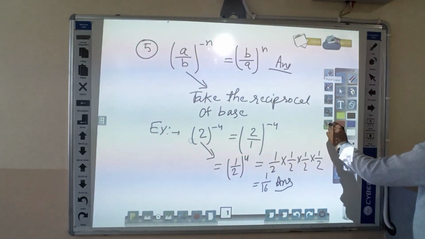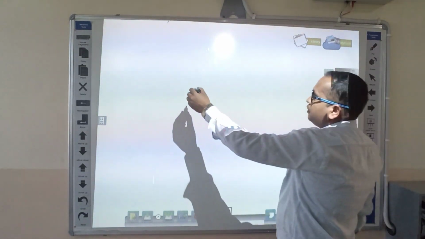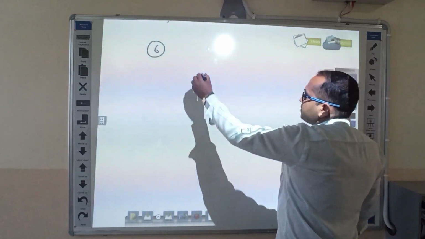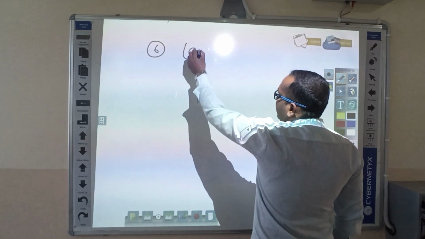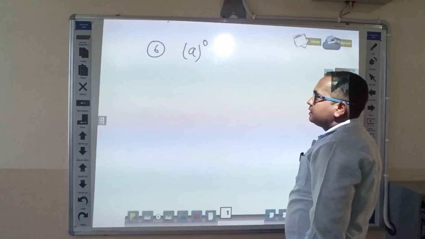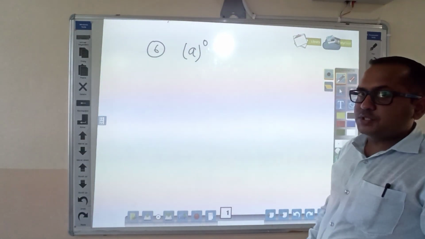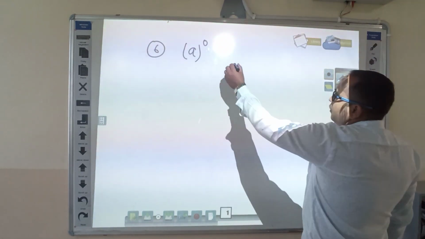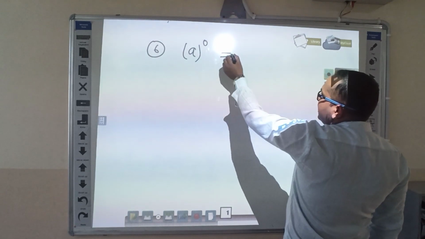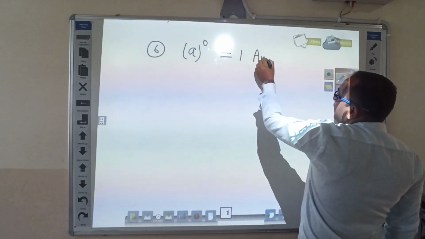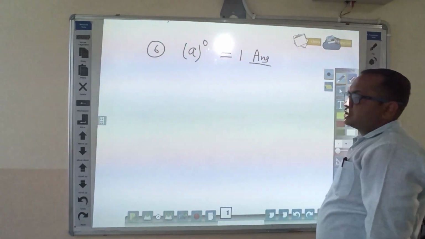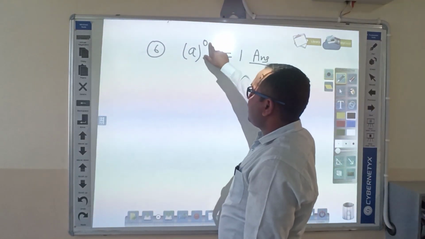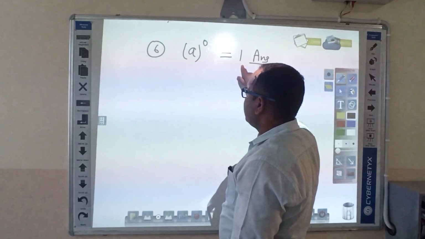One more law is there, the 6th law, and the most important law. When the exponent is 0, any number having exponent 0 always gives 1. This is the 6th law. Means any number raised to the power 0 always gives 1.